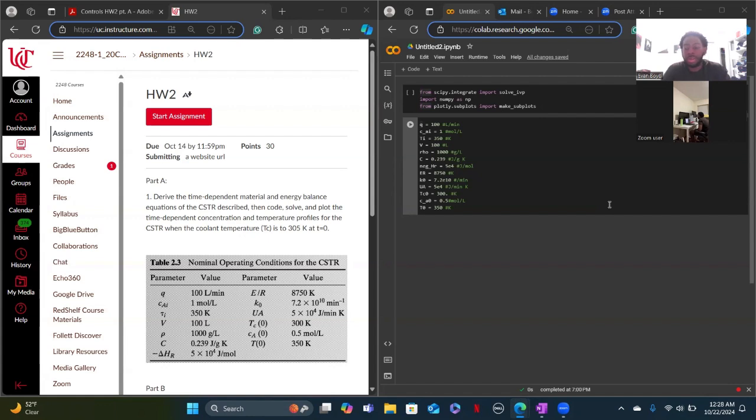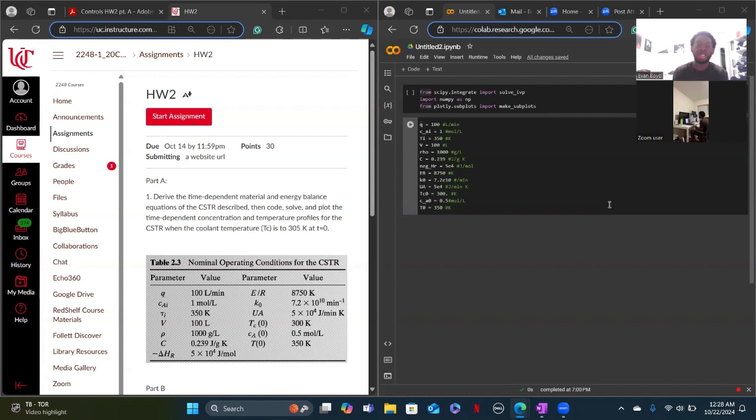Our activation energy divided by our gas constant ratio is 8,750 Kelvin. Our Arrhenius initial constant is 7.2 times 10 to the negative 1 inverse minutes. And then our heat transfer coefficient times our area is equal to 5 times 10 to the 4th joules per minute Kelvin.